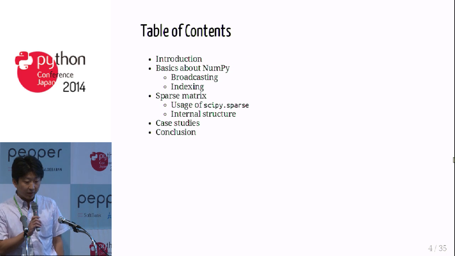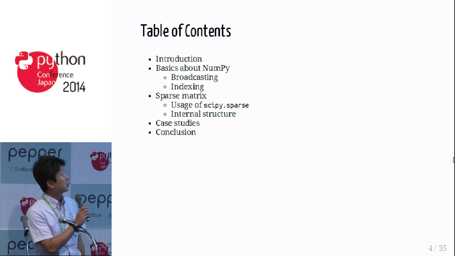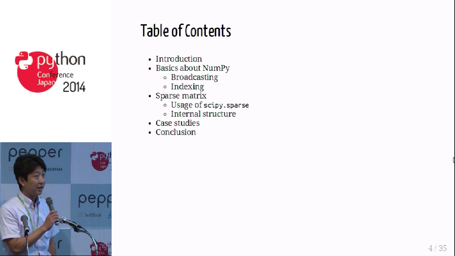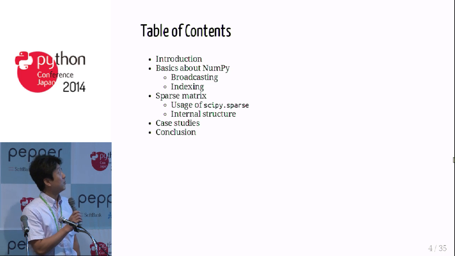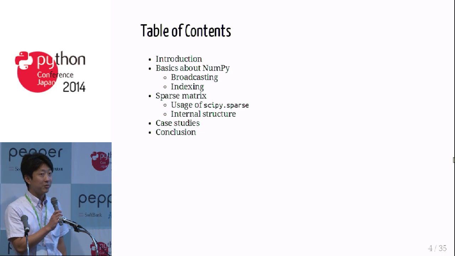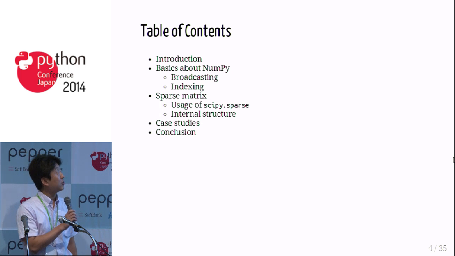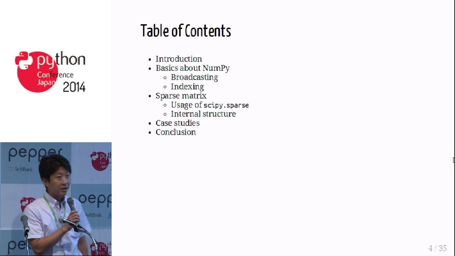And this is the outline of my talk. Anyway, the main part is about sparse matrix and the case studies. But before that, I don't regard everybody knows about Numpy, so I will introduce some basic capability of Numpy, especially two very powerful tools, broadcasting and indexing.